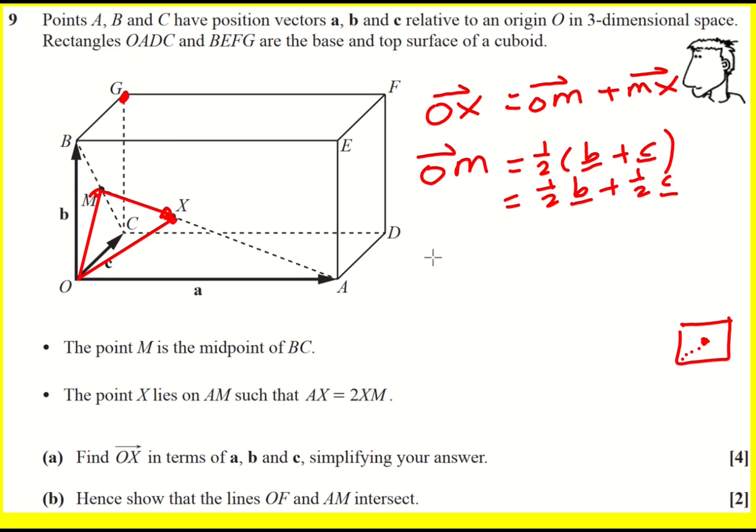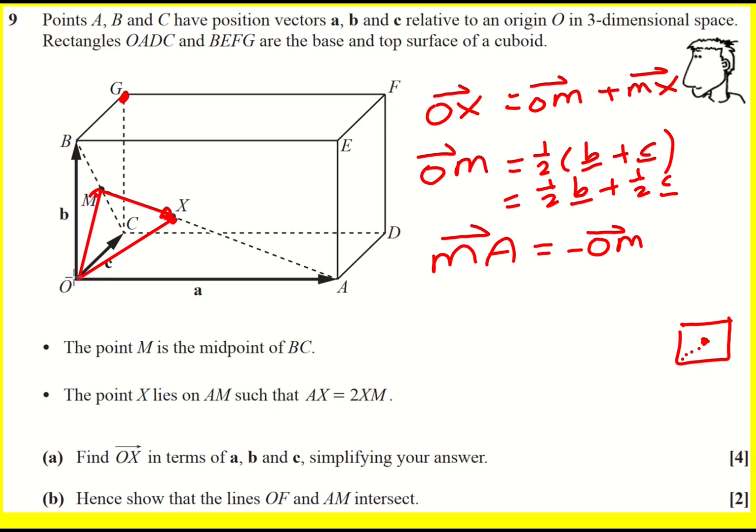All right, then MX. Well, I'm going to find out M to A to start with. And for that, I'm going to need to go minus OM, the one I just found.